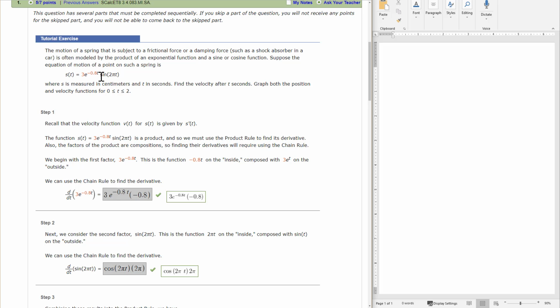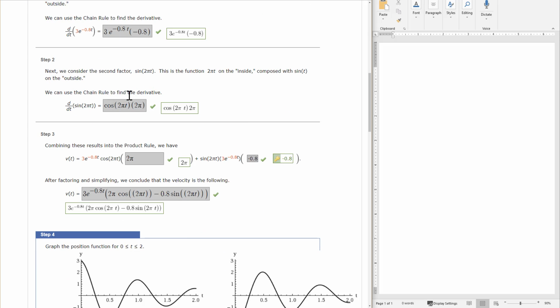So first thing to note is that the e to the negative 0.8t will kind of envelop the sine function. That is to say that it's going to be within or underneath this graph, and then it's going to be oscillating back and forth. And so, the other aspect of this graph is that it starts with 0.